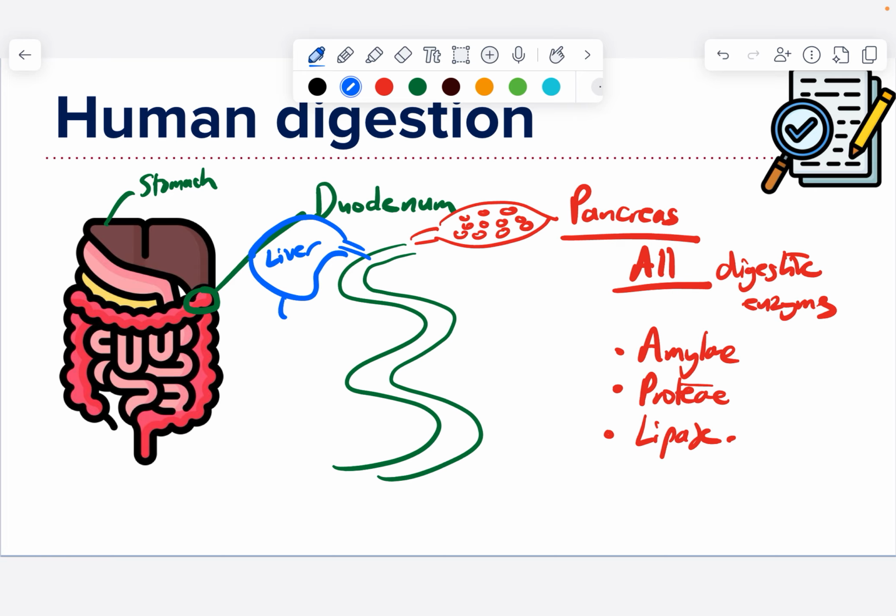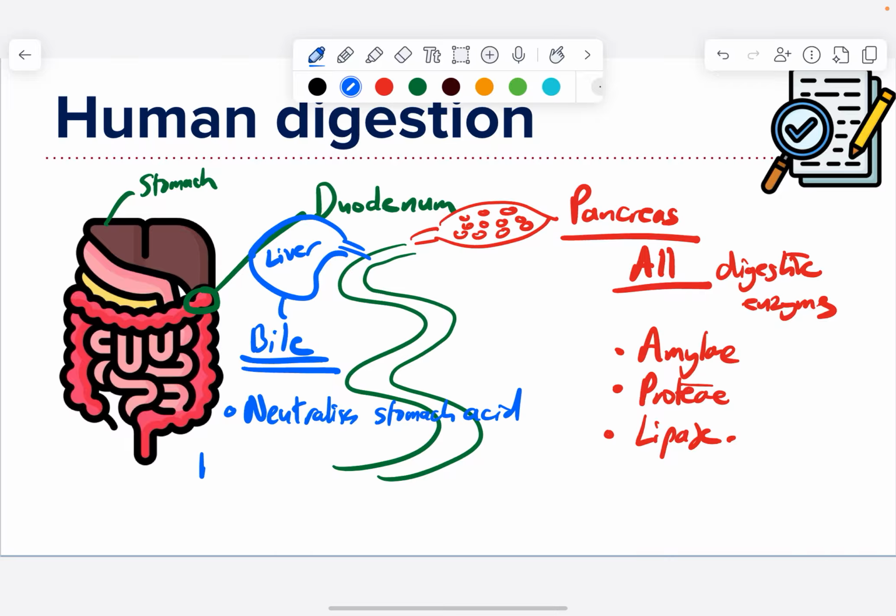In terms of the function of the liver in digestion, it produces bile. Bile has two functions. The first function of bile is it neutralizes stomach acid.